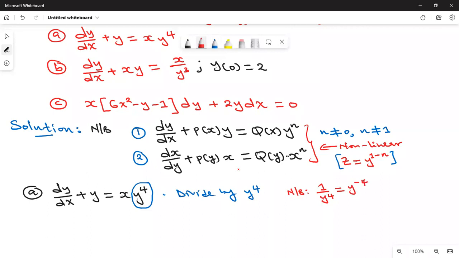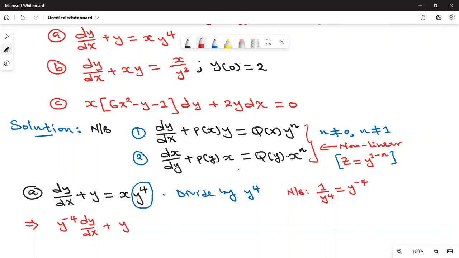So it's like we are multiplying the equation by y raised to negative 4, so that we get y raised to negative 4 times dy dx plus, what is y times y raised to negative 4?